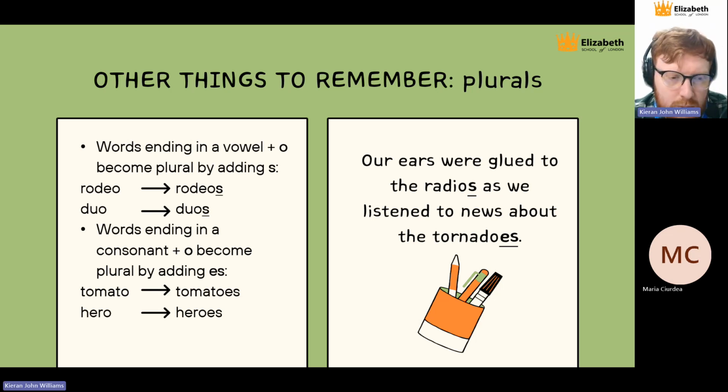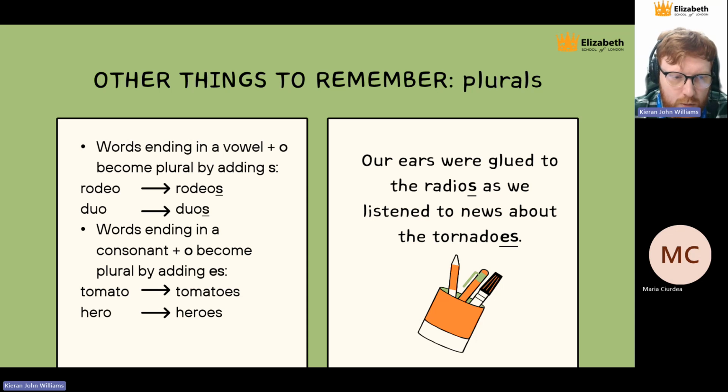The same with the word hero. The final two letters are consonant R, then the letter O, so we have to make it O with an ES after. Okay, is that pretty clear? Yeah.